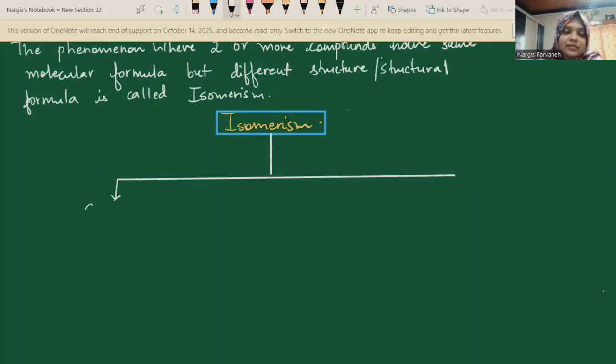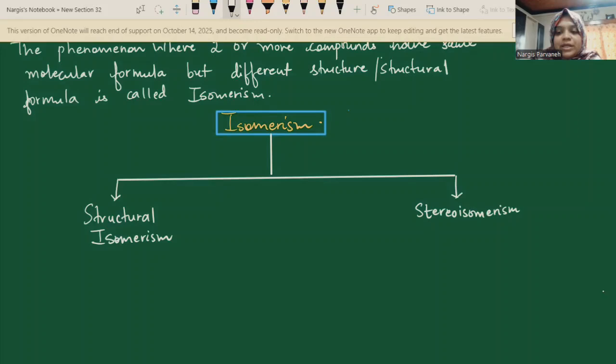In this, we have structural isomerism, and here we have stereoisomerism. We are going to see the meaning of each and every term involved here. We're going to see the types also, because structural isomerism is again classified into 4 types, and stereoisomerism is again classified into 2 types. Let us see.